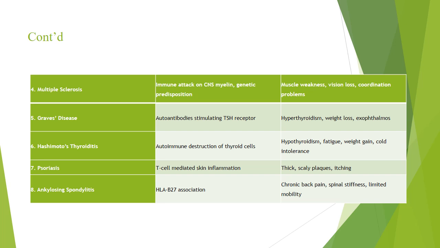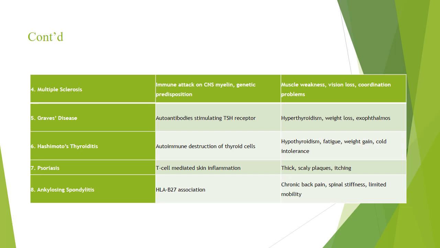The fourth one is multiple sclerosis. It is caused by an immune attack on the myelin of the central nervous system, and also genetic predisposition. Clinical manifestations include muscle weakness, vision loss, coordination problems, and others.